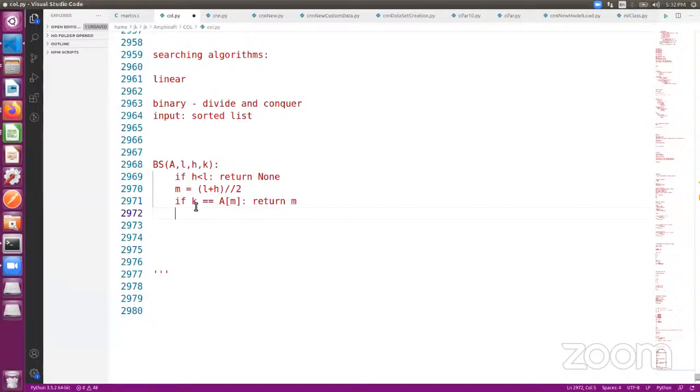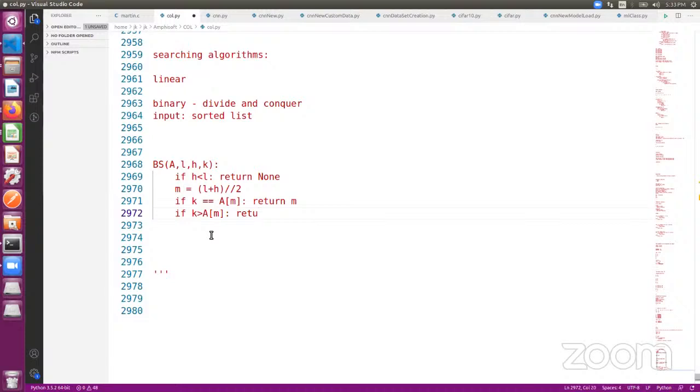If the element is not found, either it should be on the left hand side or on the right hand side. So just compare with the mid element and then make the proper recursive calls. If key is greater than a of m, it means that the element is present in the right hand side, so we call the right side recursive call.